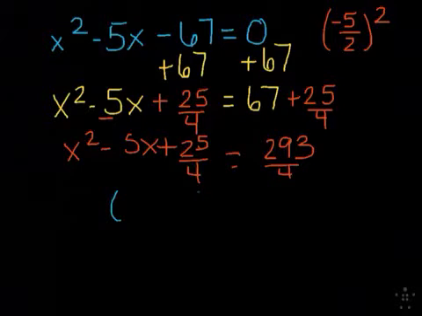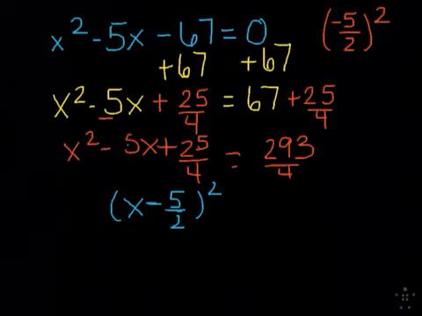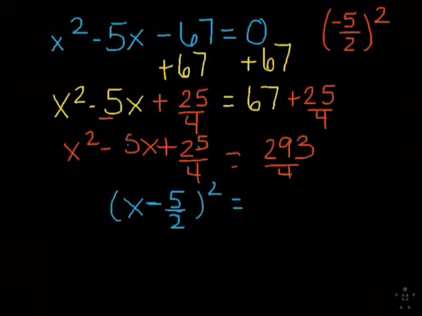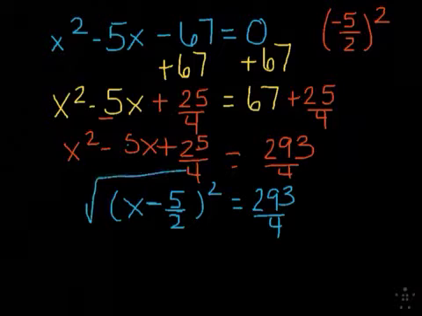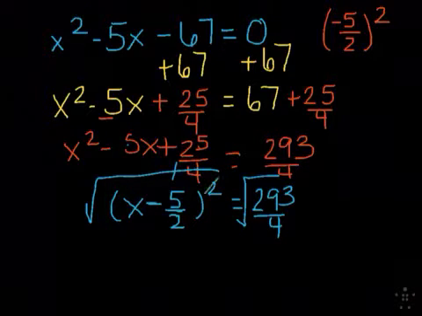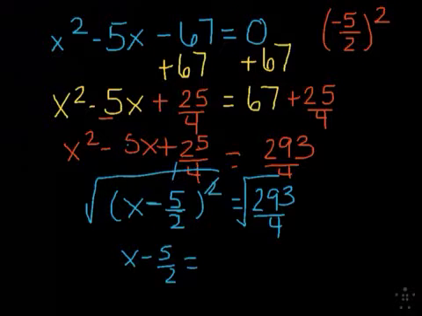So let's write this out as a binomial squared. So I have x minus half the middle number, because the sign is a minus, squared equals 293 over 4. Square root both sides. So x minus 5 halves equals plus or minus the square root of 293 over 4.